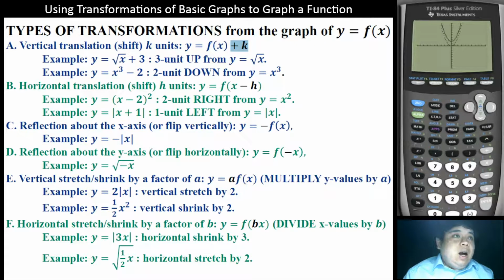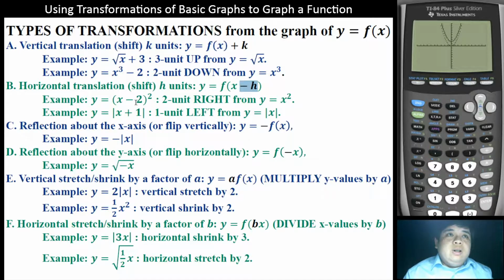Next, we have horizontal translation. Unlike the previous transformation, where the plus k is added on the outside of the parentheses and does not attach directly to x, this time the minus h is attached directly to x. So it will affect the graph horizontally, meaning it will go left and right.